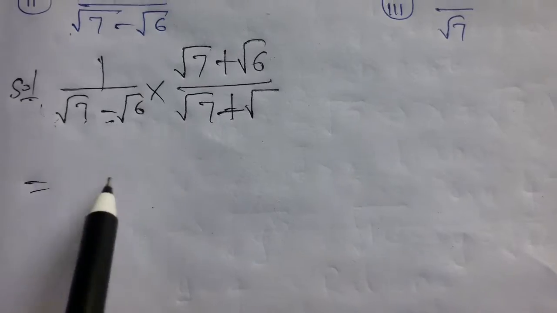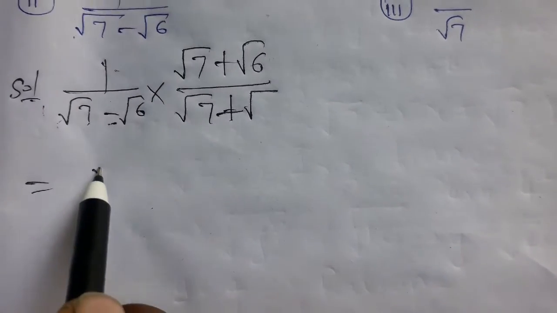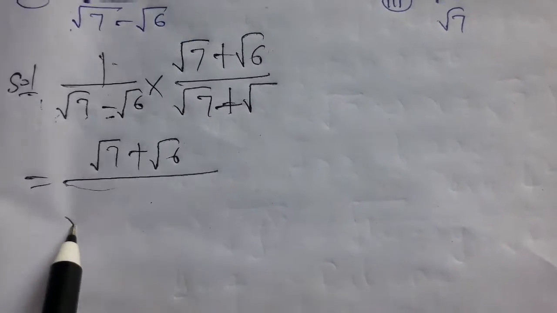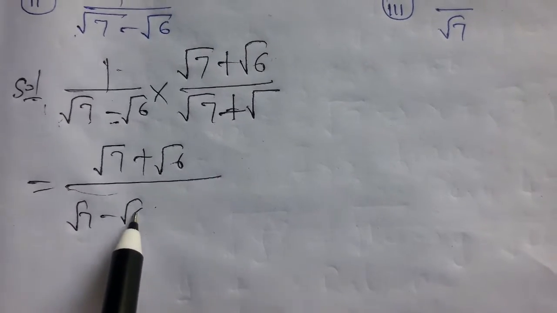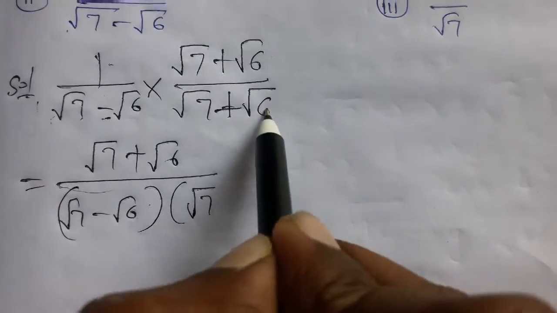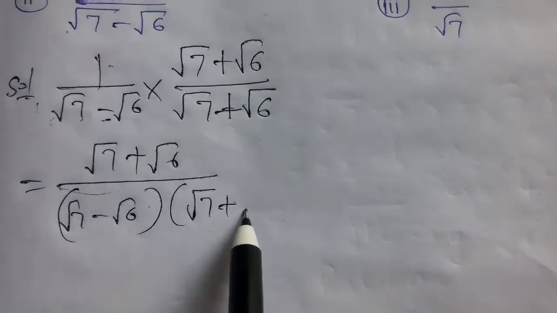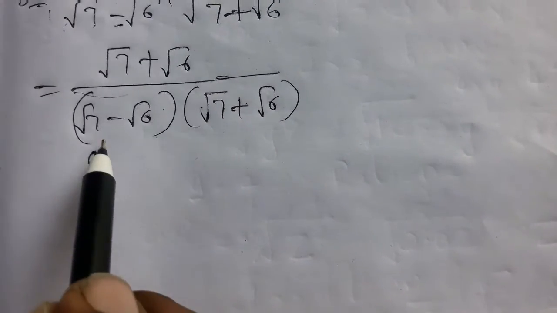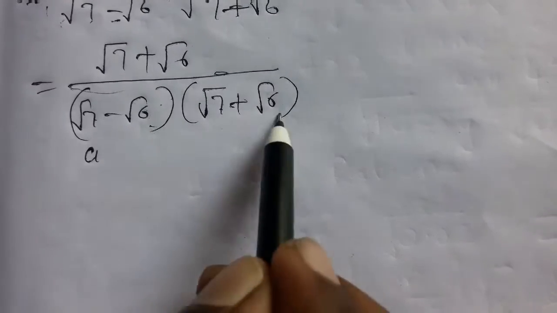Now this becomes 1 into root 7 plus root 6 by root 7 minus root 6 into root 7 plus root 6, isn't it? Now see here, this is a and this is b.